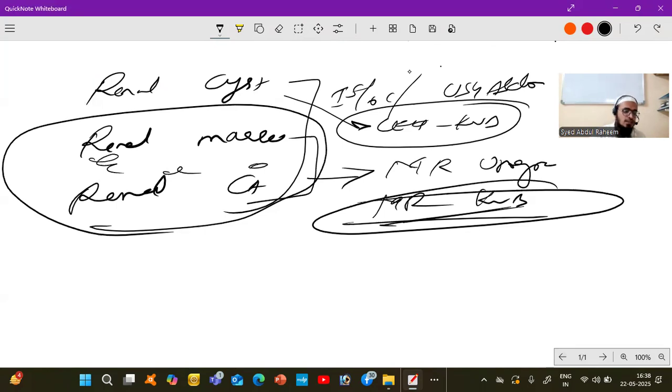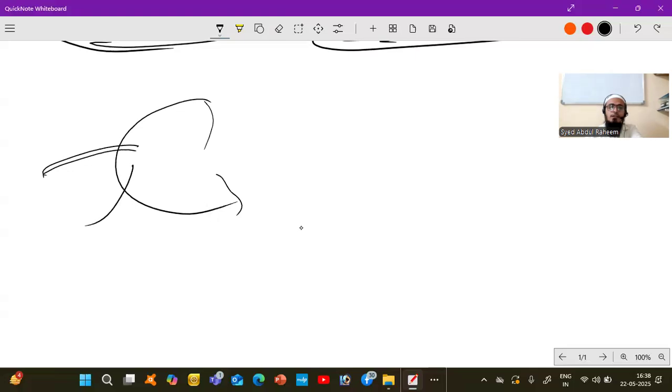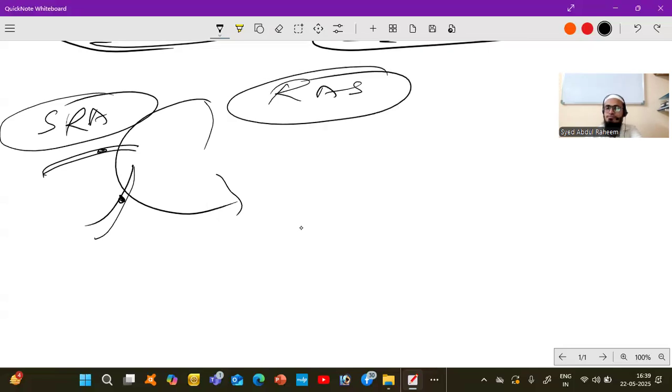Another type of common disease which occurs in the kidney is renal artery stenosis. The artery which brings blood to the kidney, supplying blood to the kidney, has a blockage, a stenosis of the renal artery, called renal artery stenosis.